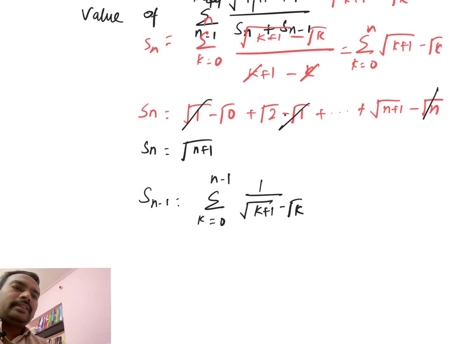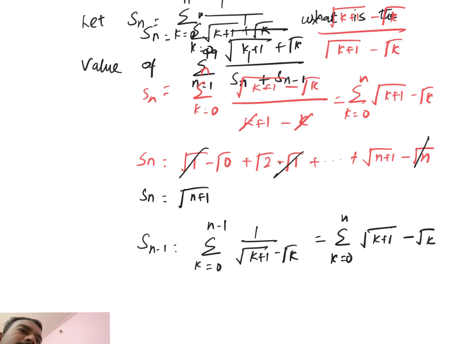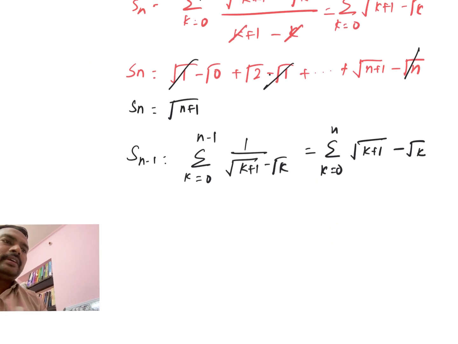So just replace n by n minus 1, so here k varies up to n minus 1. You already rationalized, so this is the same as summation of square root of k plus 1 minus square root of k. Is it correct? Yes. After rationalizing you get the same thing, but here k varies from 0 to n minus 1.